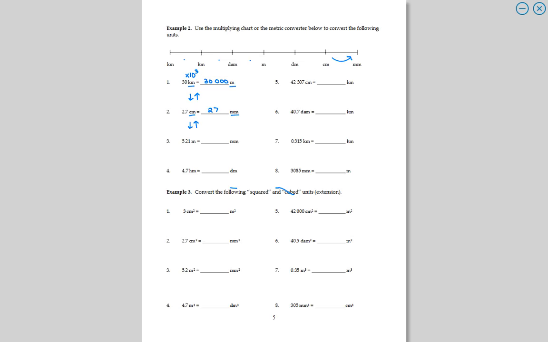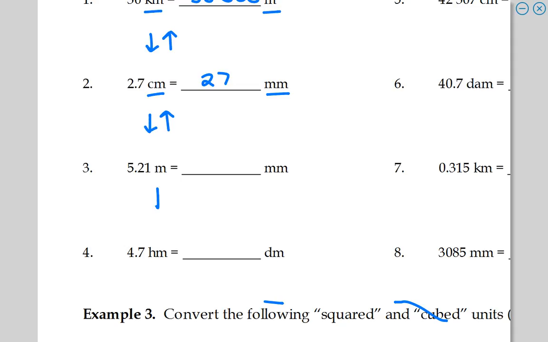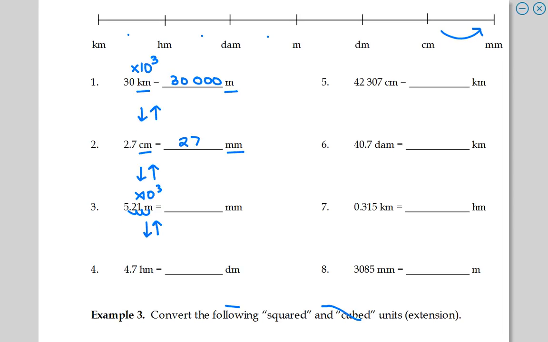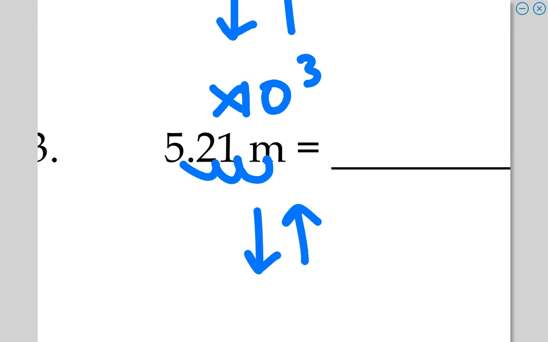Unit got smaller, so number gets bigger. How many moves? 3. So times by 10 to the 3, that's 3 moves. 1, 2, 3. So what do I put in that little place? A placeholder, which is 0, 5210. A placeholder.